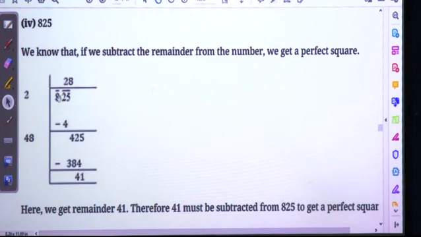So 2 square is 4, 8 minus 4, 4 remains, and the next group, 25, is brought down. The new dividend is 425. Double of the quotient, that is double of 2, is 4. What digit do we have to attach so that we get a value less than or equal to 425? Let us check this also.